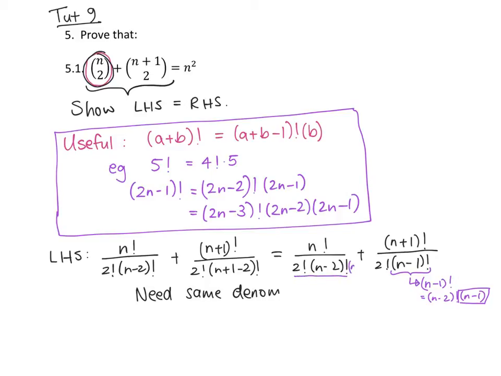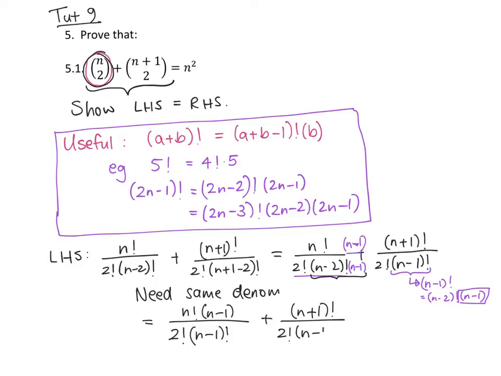So I'm going to multiply top and bottom by n minus 1. And that's going to give me n factorial times n minus 1 over 2 factorial, and now I've got n minus 2 factorial times n minus 1, so that's going to give me an n minus 1 factorial. And then my next term just stays the same, so it's n plus 1 factorial over 2 factorial n minus 1 factorial.